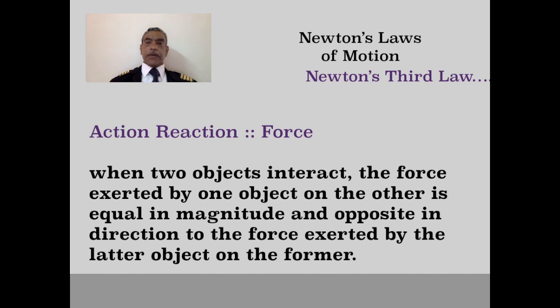That means if you try to push an object, the object is equally exerting an equal force on the backward side. That's what it means. That's how the physical world maintains a particular equilibrium status. Otherwise, it would have been chaotic, right? So we will explain this further.